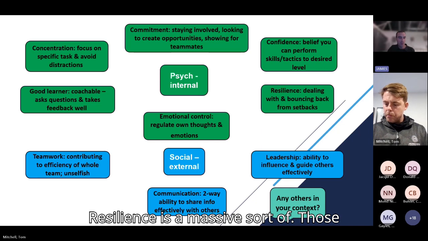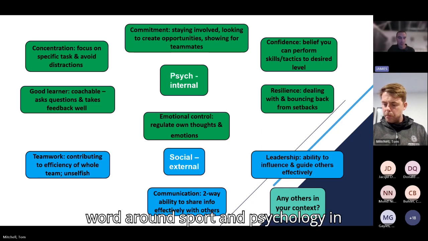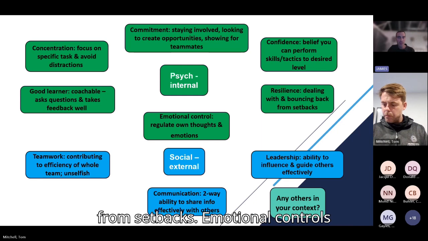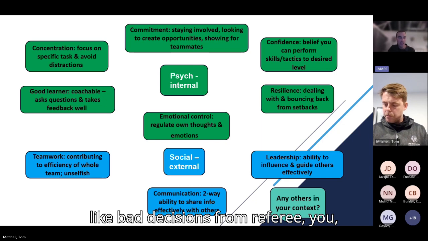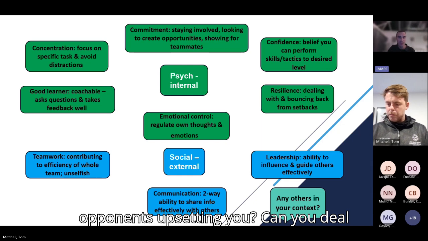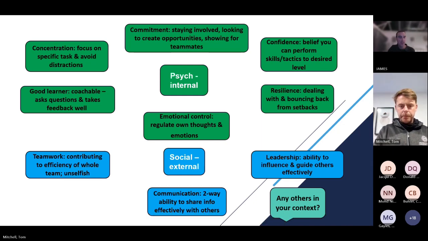Resilience is a massive buzzword around sport and psychology in particular, so being able to bounce back from setbacks. Emotional control is another massive one, so can you deal with setbacks in the game, like bad decisions from the referee, your teammates or your parents, coaches, opponents upsetting you? Can you deal with that effectively?